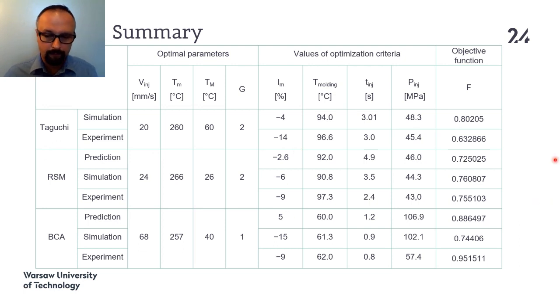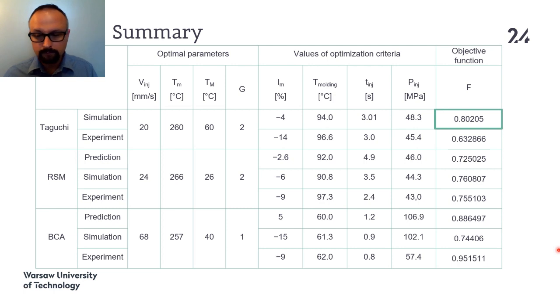If we look for the largest value, because the goal of our optimization was to reach the largest value of our objective function, we'll see that we have the largest value for the Taguchi method, but for the simulation results. Because, like I said, we based our optimization procedures only on the simulation, and if we take into account only the results of the simulation, the Oscar goes to the Taguchi method.